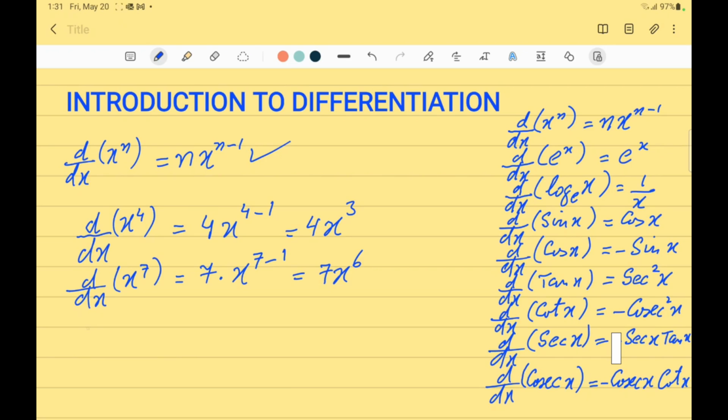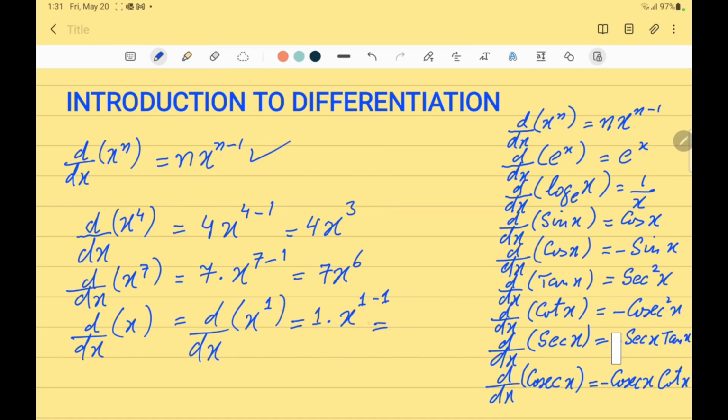Let's try another one. Let us try x itself. So the differential of x with respect to x is equal to, we will apply the same formula. This can be written as d by dx of x raised to power 1. We will bring down the power, which is 1, and we will subtract 1 from the power itself.